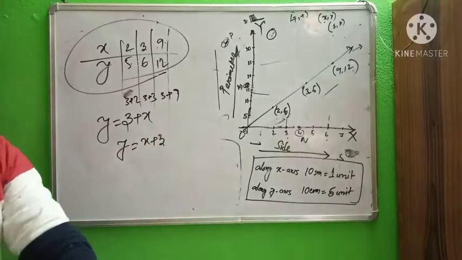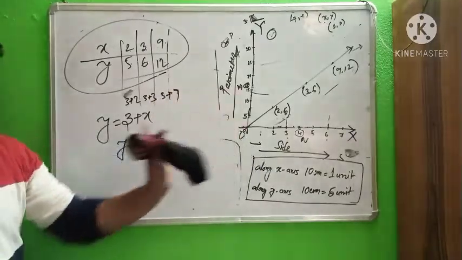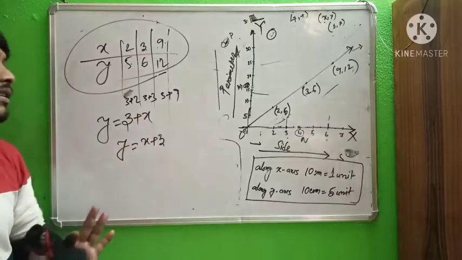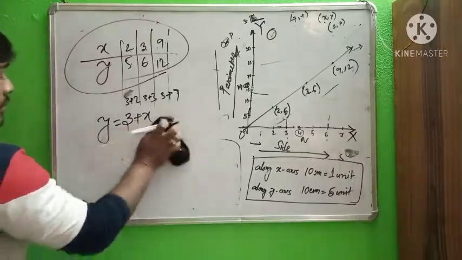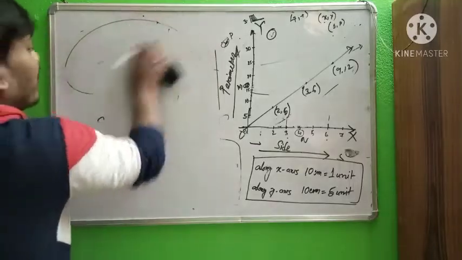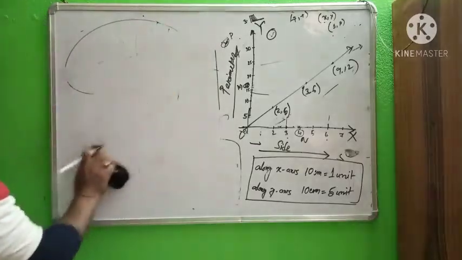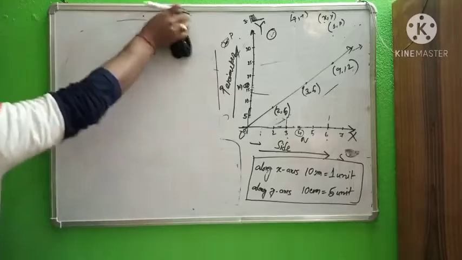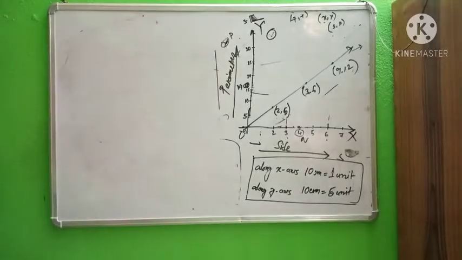The first question of your book is this one. This type of question is given in the first question. Now, it is not class 8 standard, but you can find the equation in this way also.